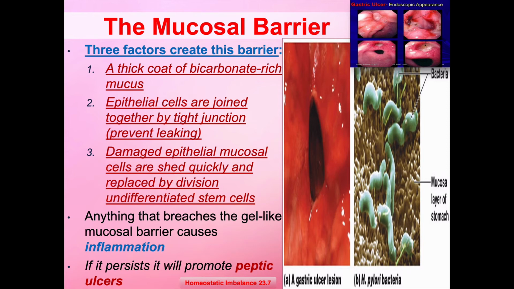People who have gastric ulcer, that can be due to poor diet habits, or psychologically they are nervous, or there is an organism called Helicobacter pylori. This organism can also break the mucosal barrier and allow the acid to act.